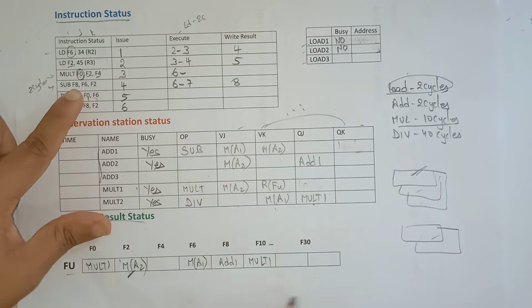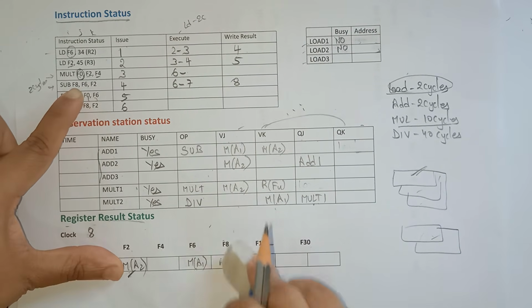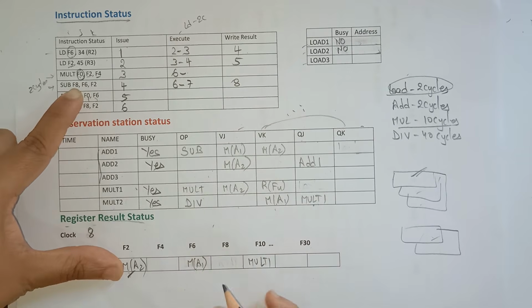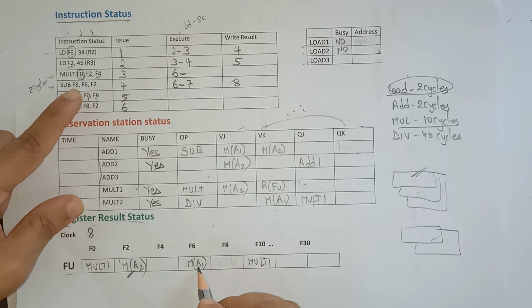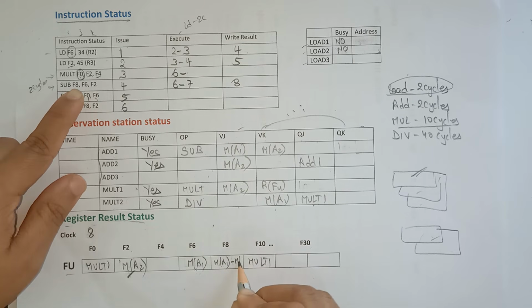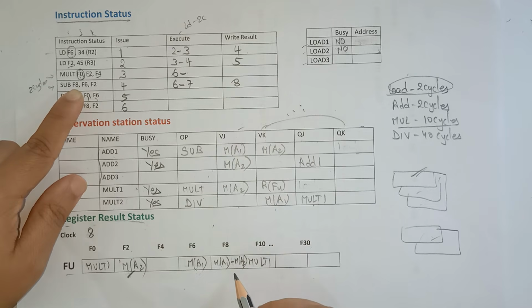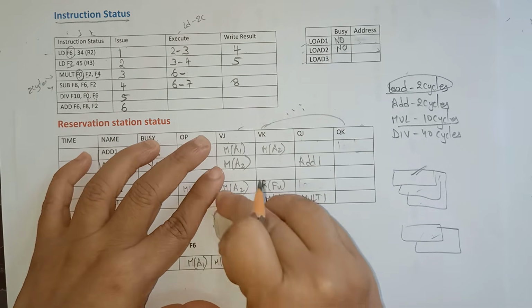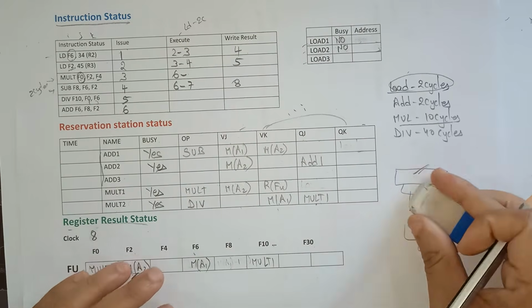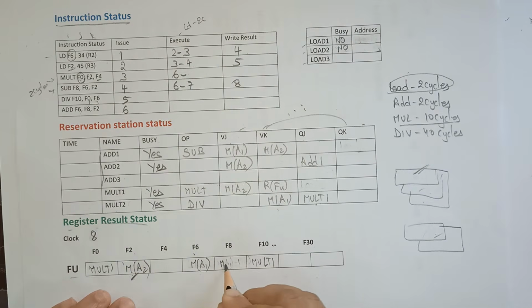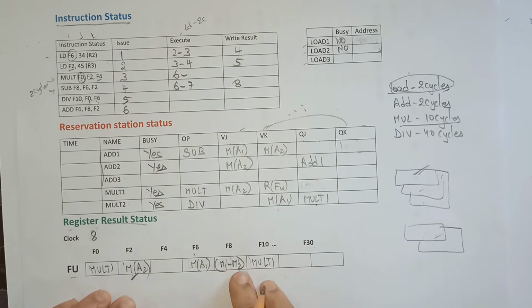F6 minus F2. Remove this adder. F8 means F6 minus F2. What is F6? M of A1. What is F2? M of A2. So M of A1 minus M of A2, or else you can write M1 minus M2, which makes it easy for you to remember. F8 is M1 minus M2.